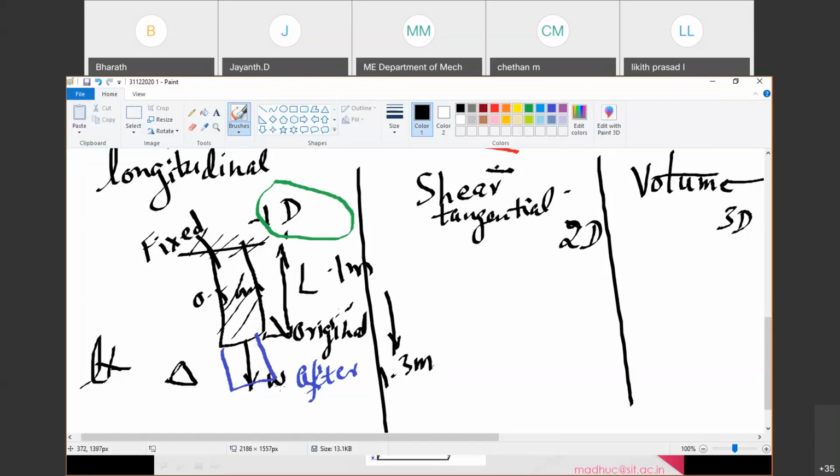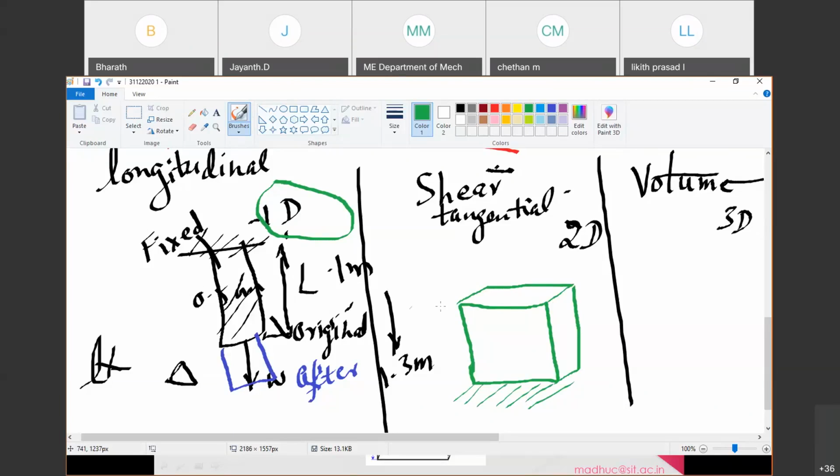Now I will take the second case. For the second case, I will take a block. The best example is a rubber block, which is fixed at one end. Now I will apply force on the top layer.